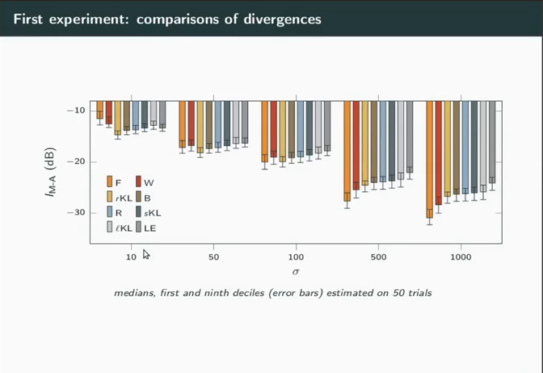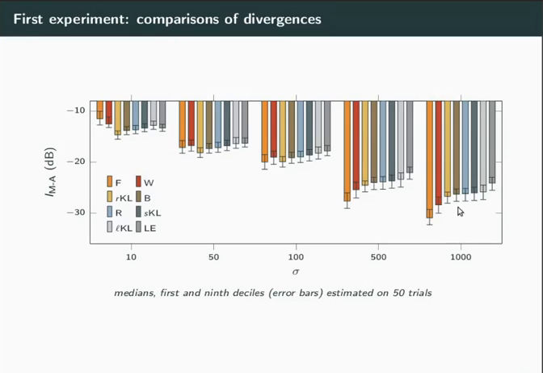So here on this simulated data, we have the Moreau-Amari criterion, and the lower the value, the better the performance. From left to right we have increasing values of SNR.